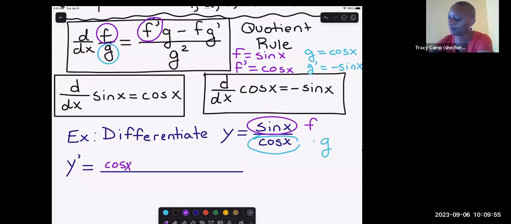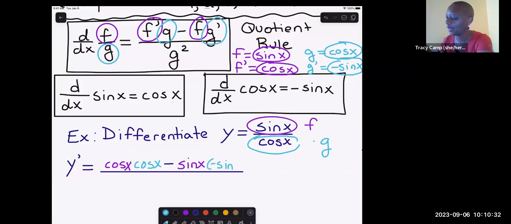Next comes times g, which is cosine of x. Then I have a minus, and next I have my f without doing anything to it, so that's sine of x, multiplied by my g prime, which was negative sine of x.